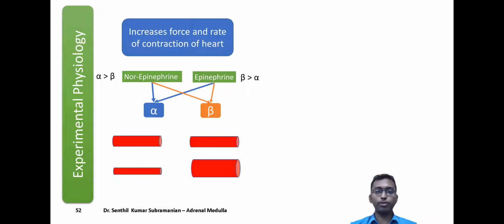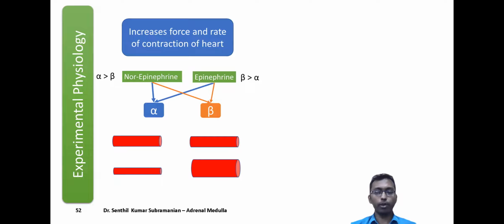Both the catecholamines, norepinephrine and epinephrine, can act on either alpha or beta receptors. But the affinity of norepinephrine to alpha is more than beta. Hence, the net effect of norepinephrine is to vasoconstrict. As opposed to this, epinephrine's affinity to beta is more than alpha. Hence, in an experimental condition, epinephrine can cause vasodilatation.